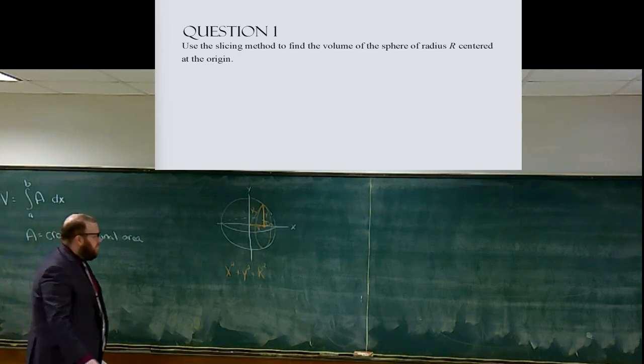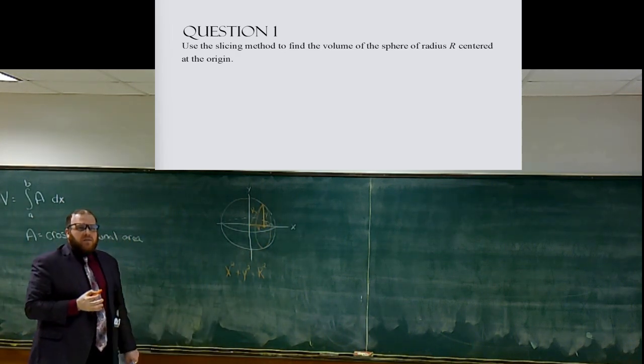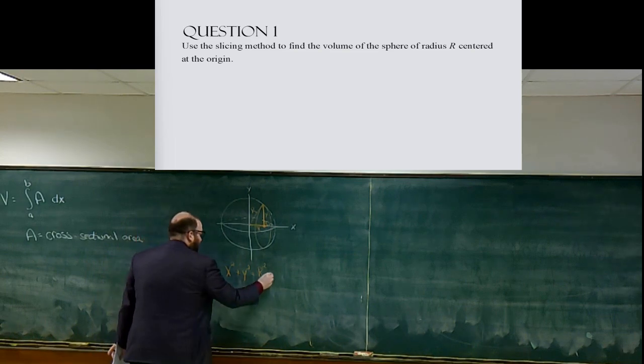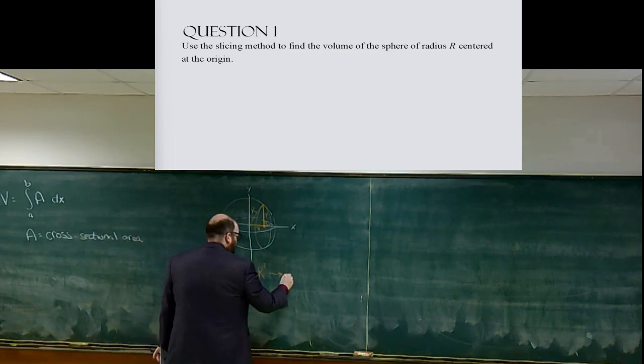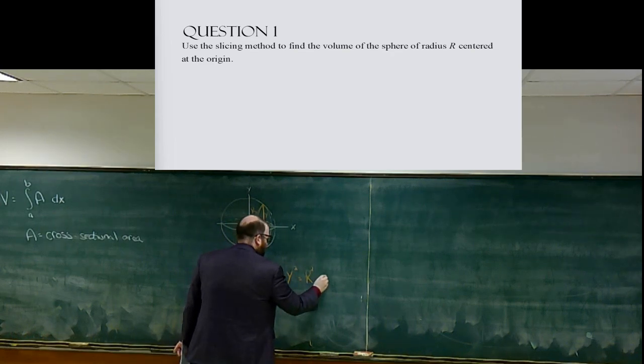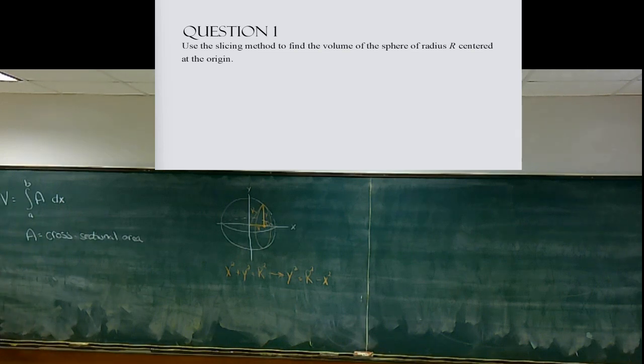Well, because of how we have it drawn, it'd be better to solve for y, because little y is the radius of our cross-sectional circle. Y squared has to be big R squared minus x squared. I'm actually going to leave it squared.